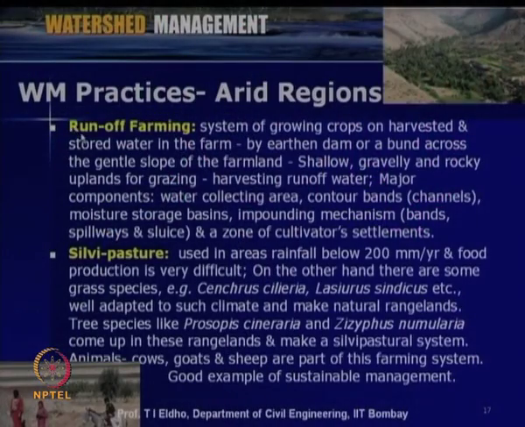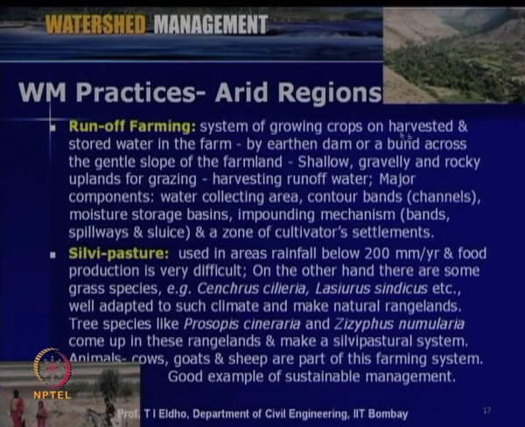Accordingly, depending upon how much rainfall is available, we can go for a particular watershed management practice for the considered area. A few of the possible practices are listed here and discussed. First one is runoff farming. Depending upon the rainfall conditions, here we can go for runoff farming.